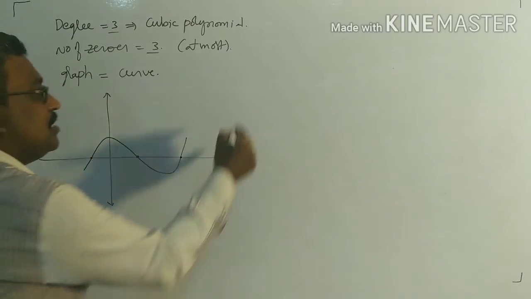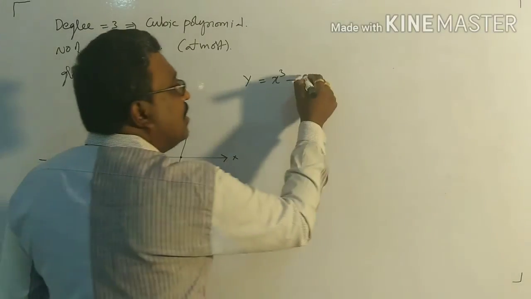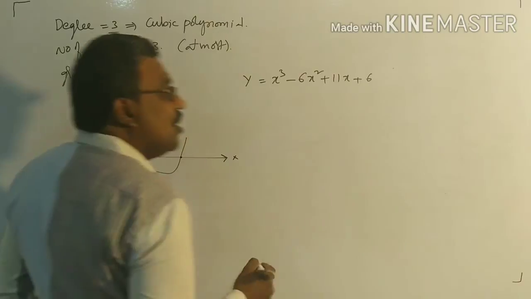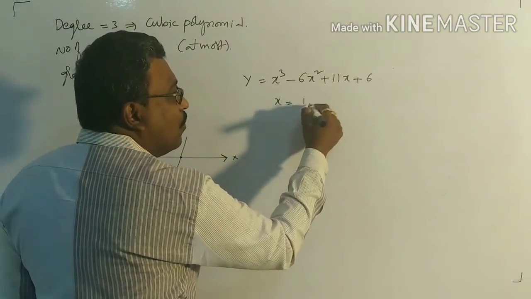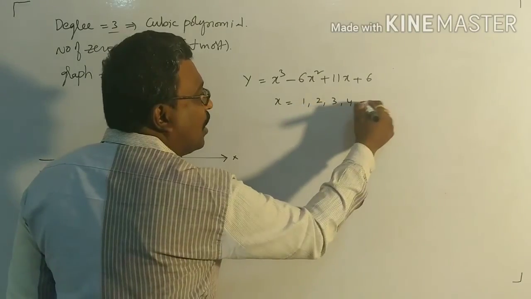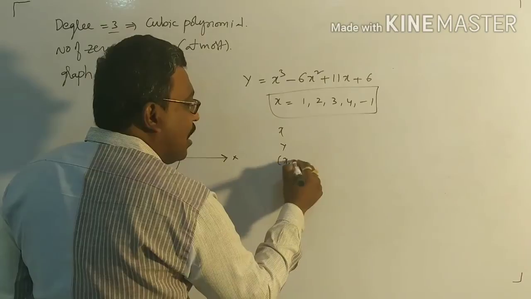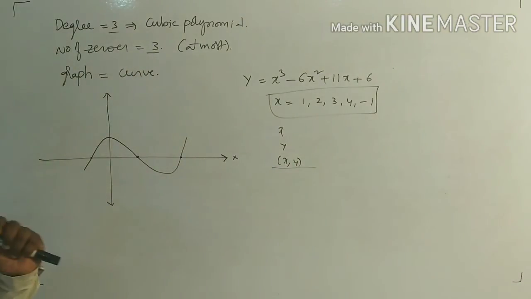Okay, suppose y is equal to x cube minus 6x square plus 11x plus 6. You take x values 1, 2, 3, 4 and minus 1. You take x and y, x comma y, and draw the graph. You will find the graph like this.